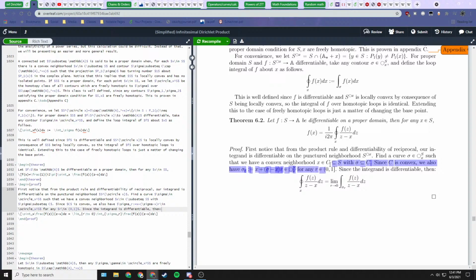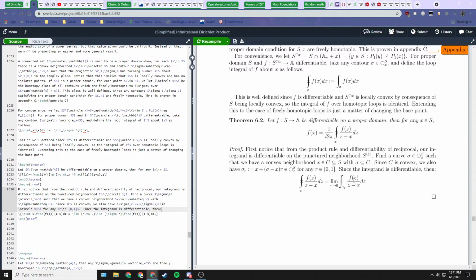Since our set C is convex, this curve will still be in our homotopy class.